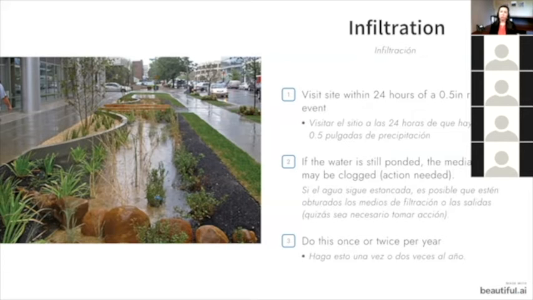So you really don't want to go before 24 hours, try to go right around that 24-hour mark because rain gardens are supposed to infiltrate that water within about 12 hours. And so if you go out at 24 hours and the water is still ponded, you still have water in there, then your media or your outlet may be clogged and you need to take action to remedy that. If you do this once or twice per year, you can tell how your rain garden is functioning.